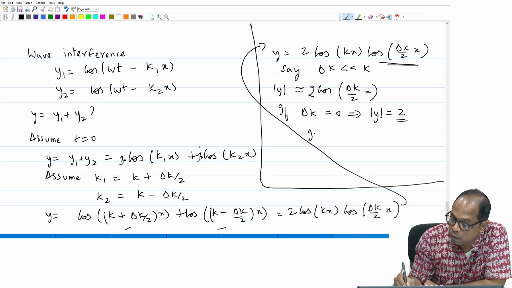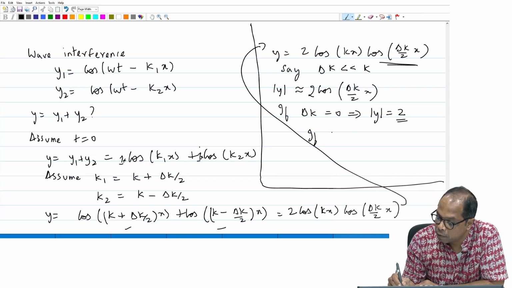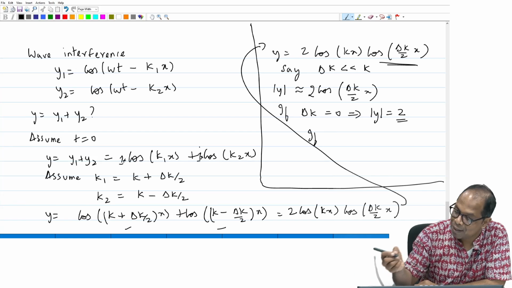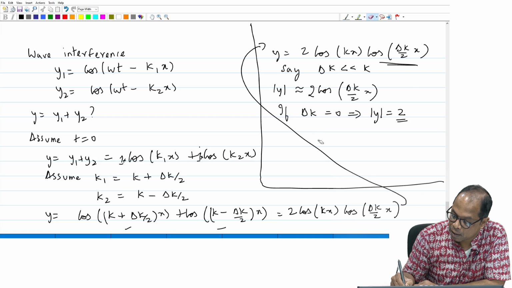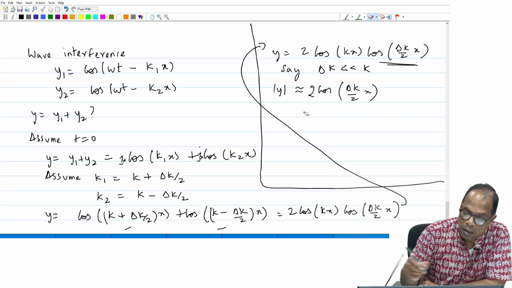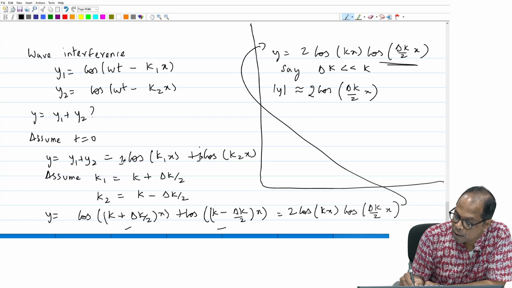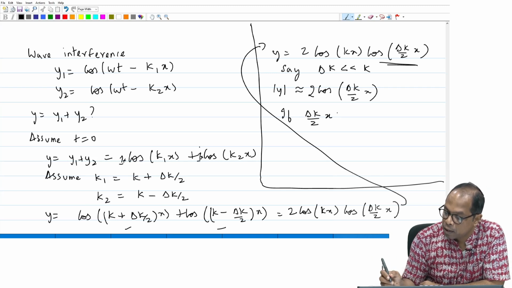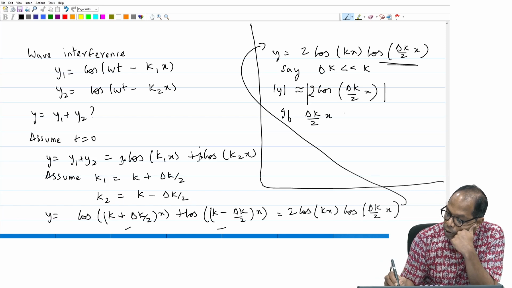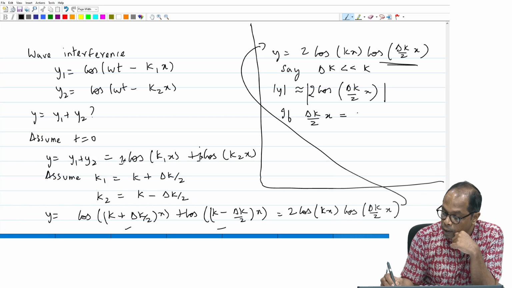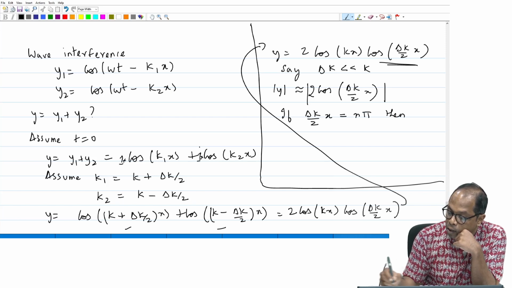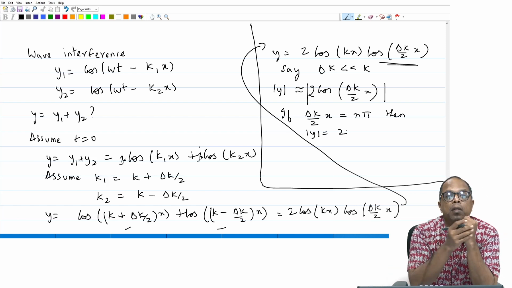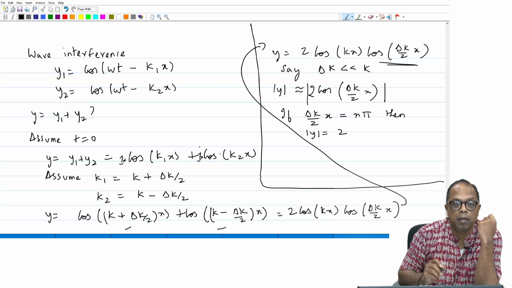Okay, and then if your delta k by 2 times x equals n times pi, then here it's going to be twice each of their amplitudes added up.